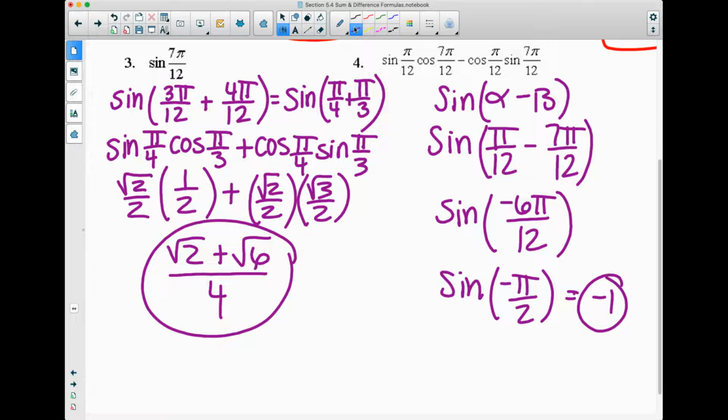So that's dealing with the unit circle. When we go out of the unit circle, we're going to be dealing with triangles. Okay. We're dealing with triangles anyways in the unit circle, but we never draw them.